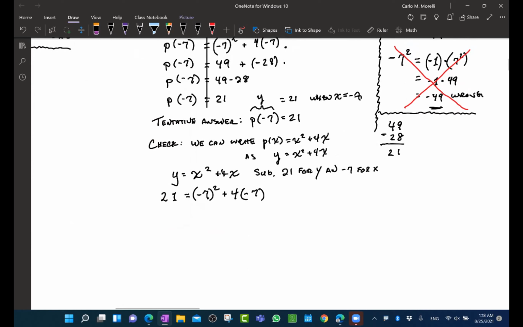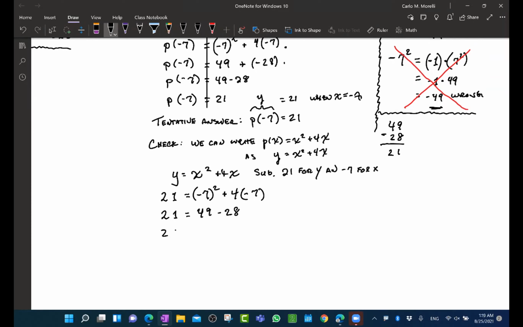Again, for this problem, it is a bit tedious to do all this work since this is simple, but it gets very complex later on. So we already established that this is 49, and we established that that's minus 28. And we already established, because we did our side work, we know that 49 minus 28 is 21.